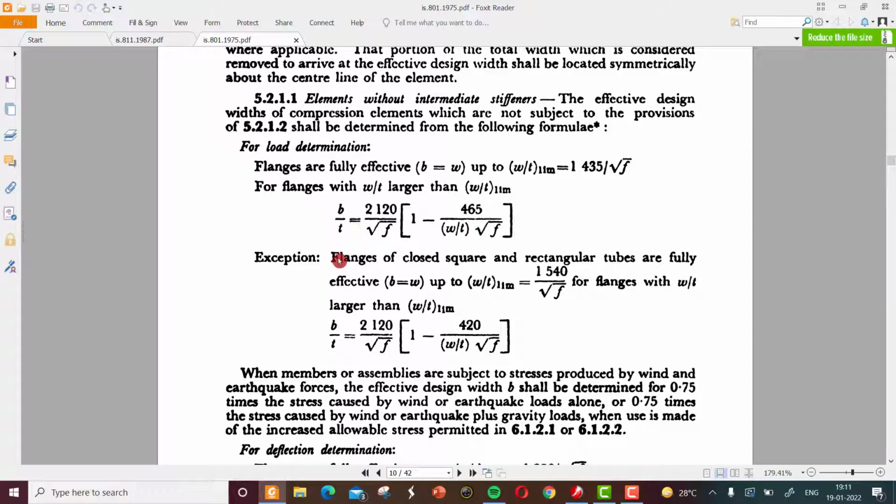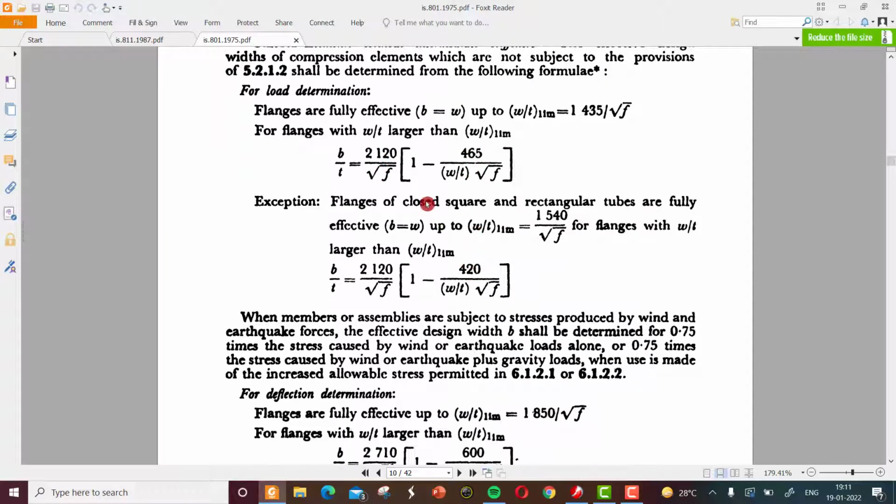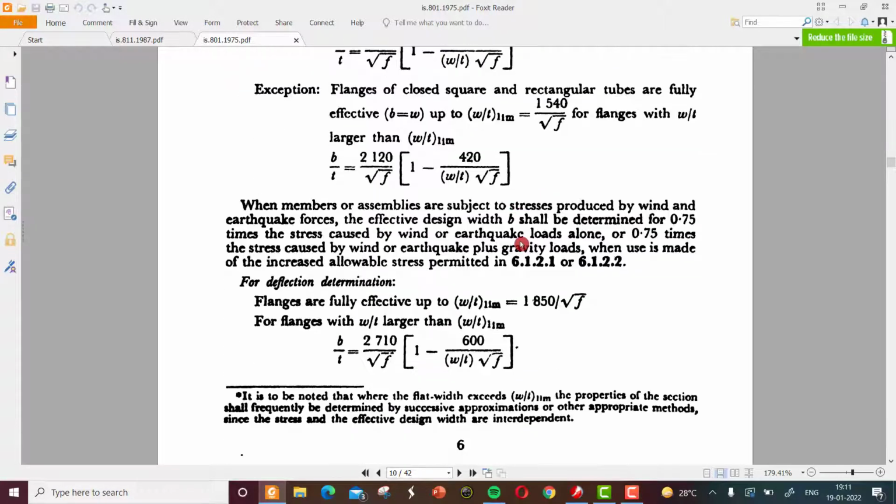And as I told, for the closed sections, there are flanges of closed circular, sorry, square or rectangular tubes. We have a different w by t limit and different b by t calculations. You can see here the initial part is the same, but inside the bracket the constant is changed. So there are different limits for open sections and for closed square and rectangular tubes. That's the main takeaway from this portion.